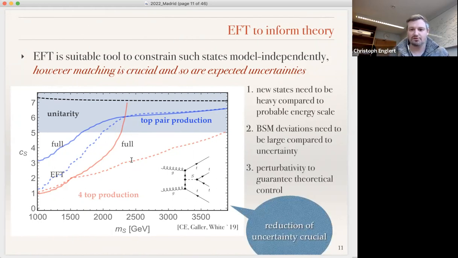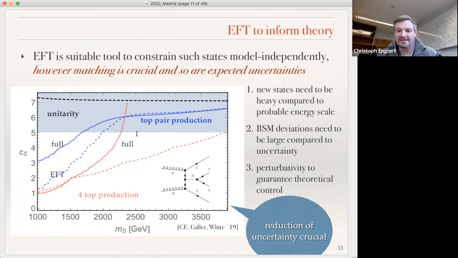So new states need to be heavy compared to the probed energy scale. So the LHC has a vast energy coverage. So we probe very, very large invariant mass t-tbar pairs. But at the same time, we need very, very good precision over low invariant mass t-tbar pairs or any collider observables in order to really see these effective field theory approaches prosper.